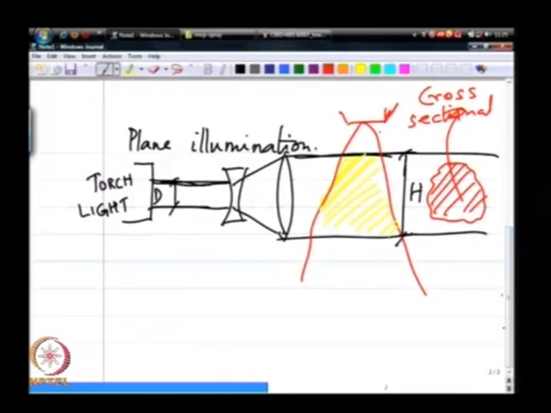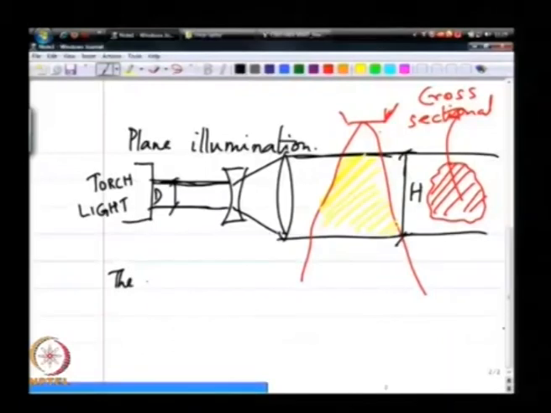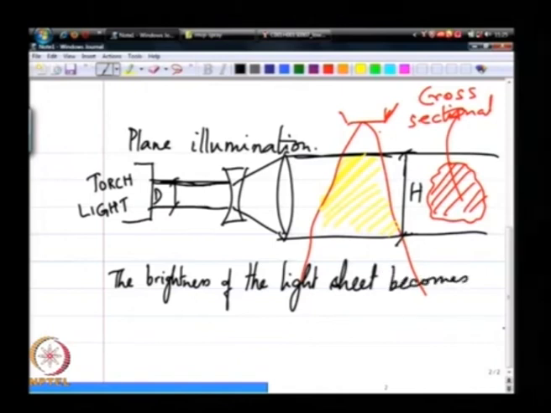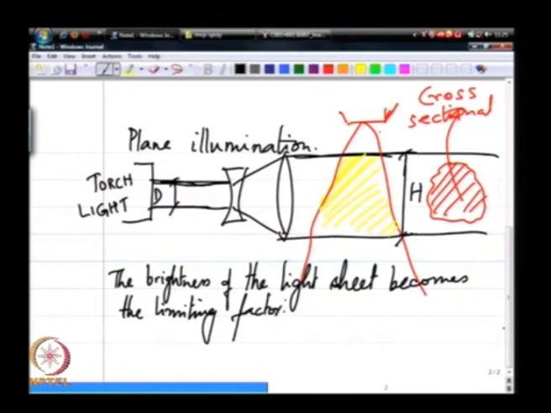The only problem with this kind of approach really is that the brightness of the light sheet is quite limited, because you are unable to pack enough energy into it. The brightness of the light sheet becomes a limiting factor.